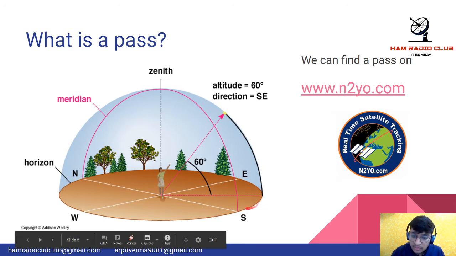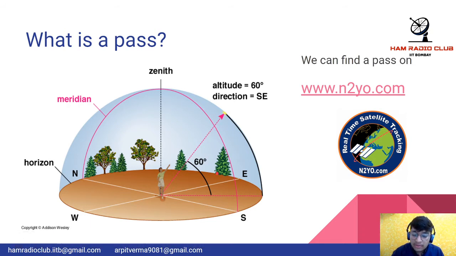It starts from the southeast direction and ends somewhere in the north direction. The altitude shown here is 60 degrees, basically the height from the ground level at which the satellite will pass. When you are actually tracking using an antenna, you have to point the antenna in this direction, and only then will you get a proper signal. So this is what a pass is all about.